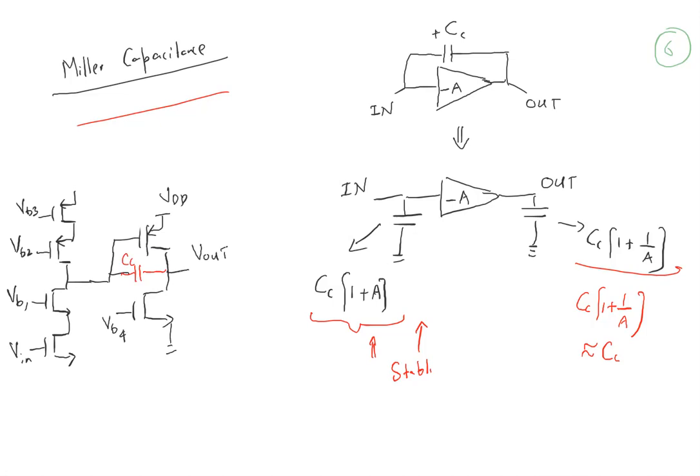Again, these are the same numbers you said: M1, M2, M3, M4, M5, and M6. What will the equivalent of this be? Let me draw the equivalent of this network on the next page. The equivalent is going to be something like this.